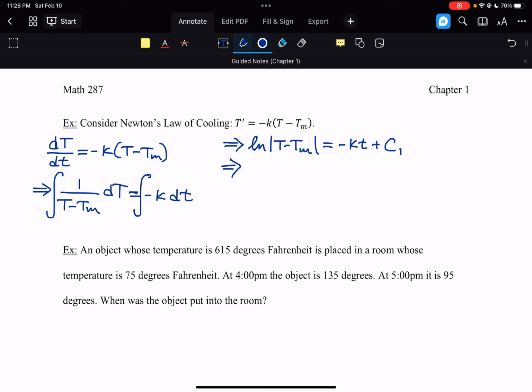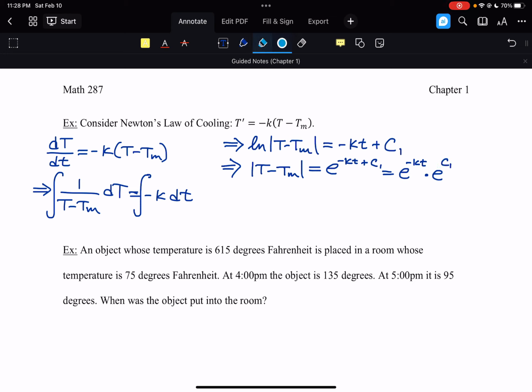From here, we want to get rid of the natural log, so we raise both sides into the power of an exponential. So that cancels the log, and we're left with e to the negative kt plus c1, which, similarly to the last example, we can split up into a product of the bases. So e to the negative kt times e to the c1.